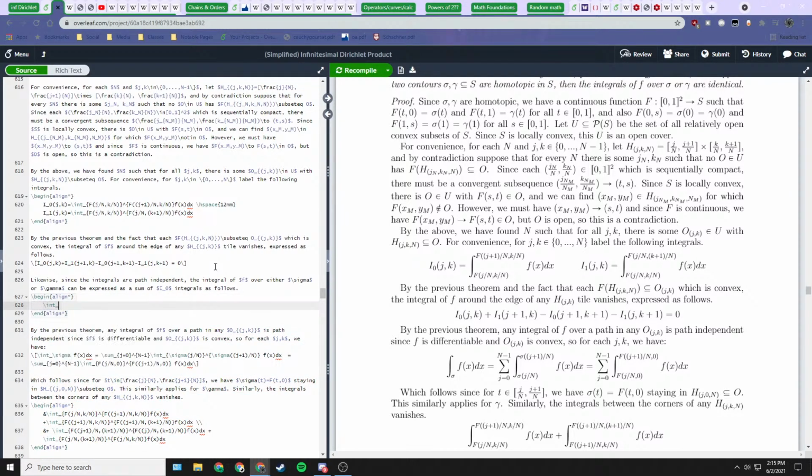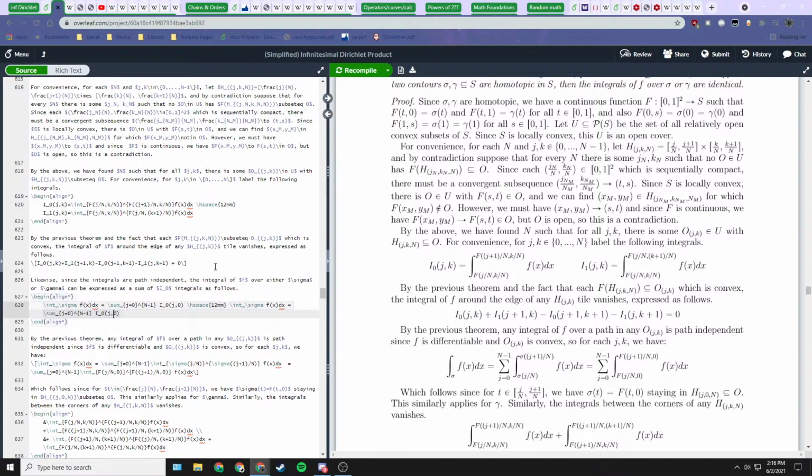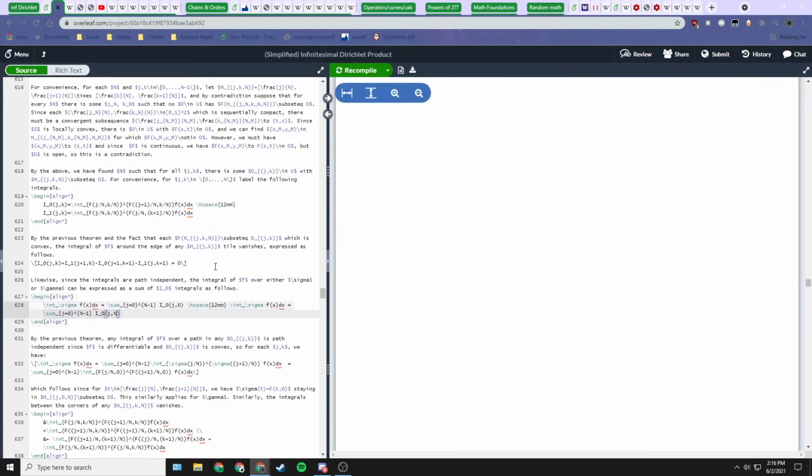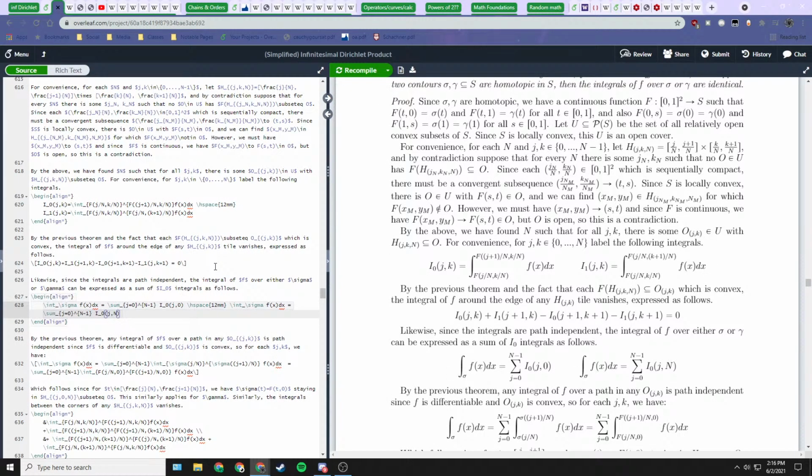So that'll be the integral on sigma of f of x dx. So this is what we were trying to do before. We have the sum j equals 0 up to n minus 1 of I0 j 0. And we also have the integral on gamma is the same thing, except we used n here. That should be correct. Let's also give these some more space.